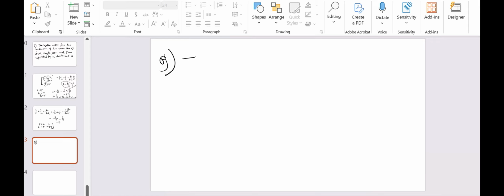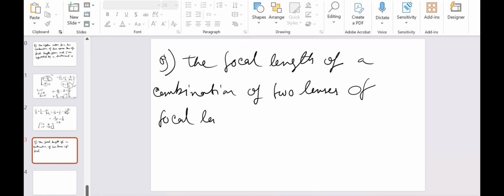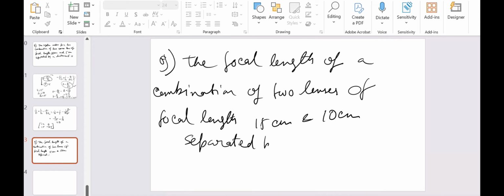And question 9 is the focal length of a combination of two lenses of focal length 15 centimeter and 10 centimeter separated by distance 5 centimeter is.